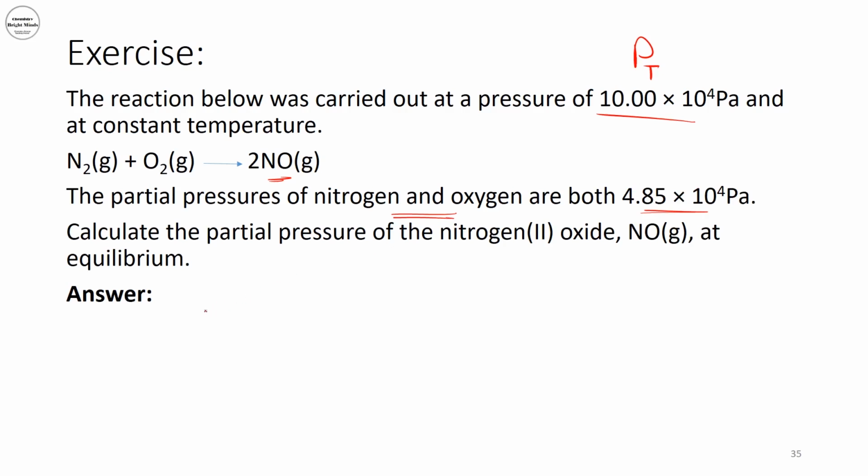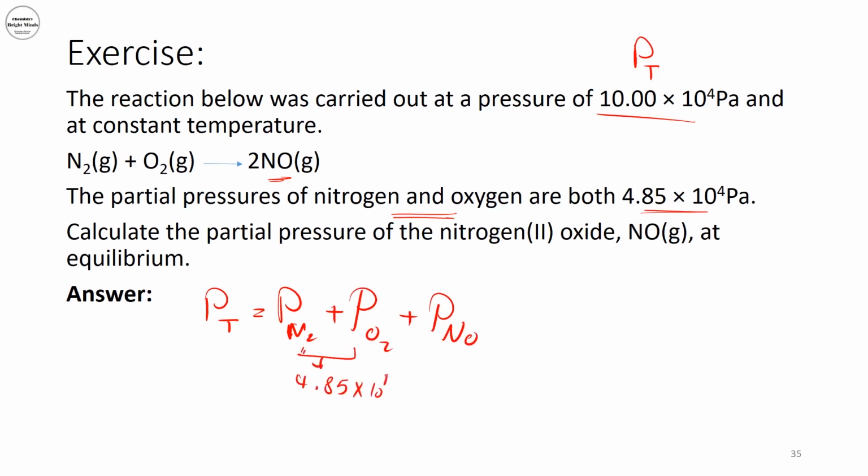Now I know that the partial pressure of my reactants plus my products is my total pressure. So I know that Pt is equal to P N2 plus P O2 plus P NO, and I know that both of them is equal to 4.85 multiplied by 10 to the power 4 Pascal, and I know that this one is 10 multiplied by 10 to the power 4 Pascal.